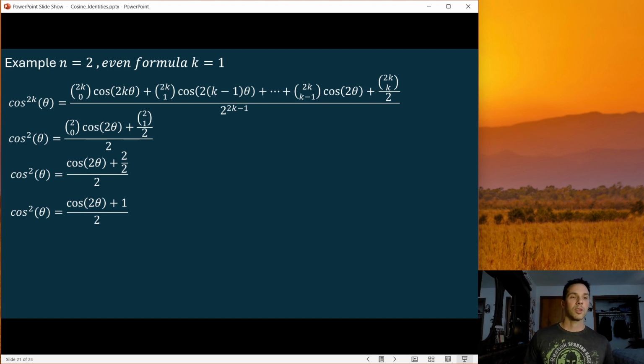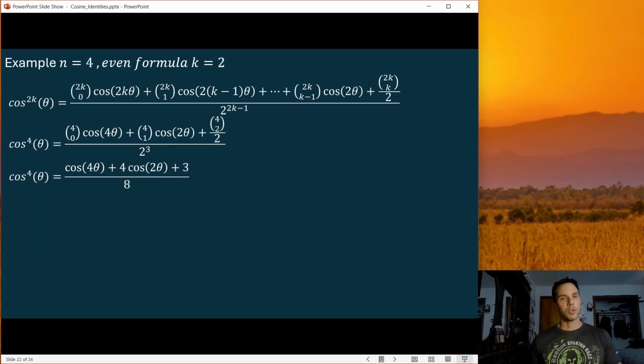So I have cosine squared equals 2 choose 0 cosine 2 theta plus 2 choose 1 divided by 2, all divided by 2. And so 2 choose 0 is 1. For 2 choose 1, it's 2. And then we have our identity that we all know of: cosine squared equals cosine 2 theta plus 1 divided by 2.